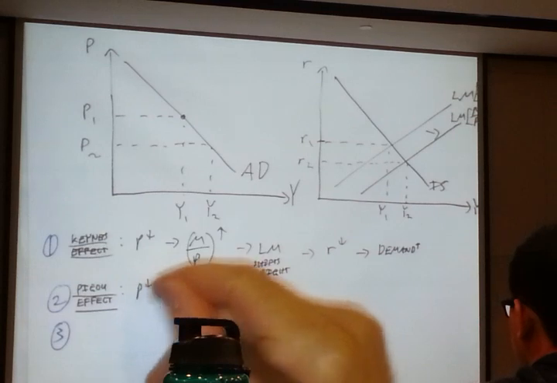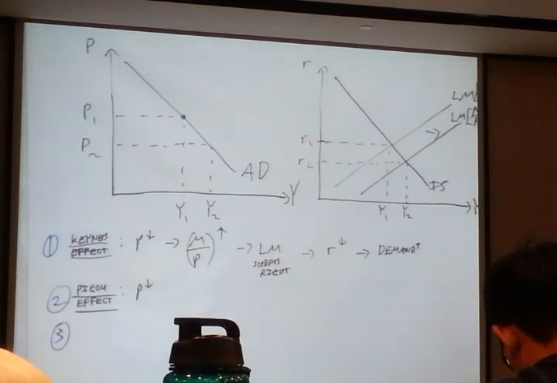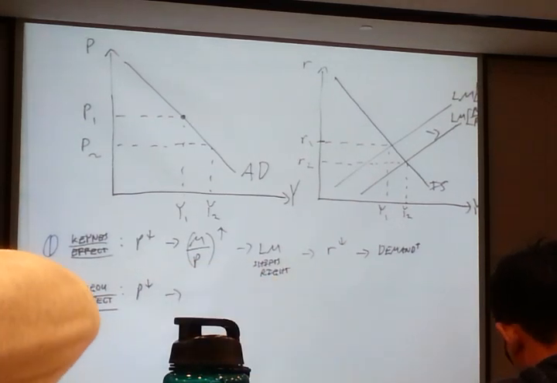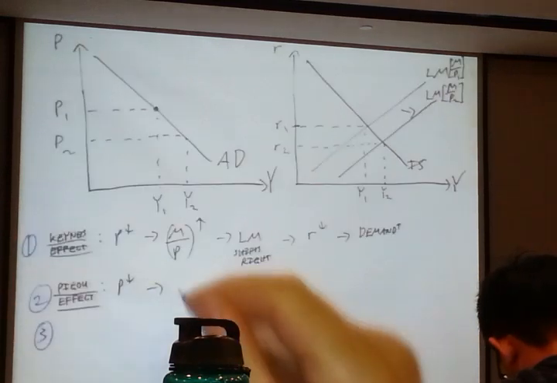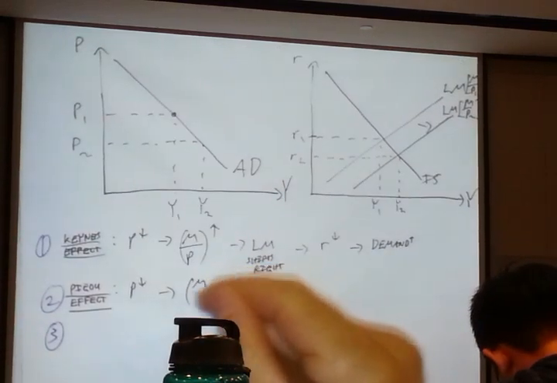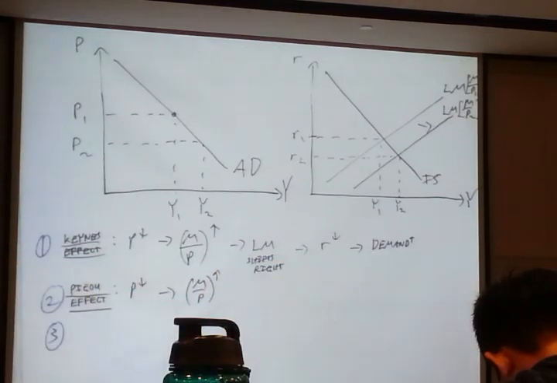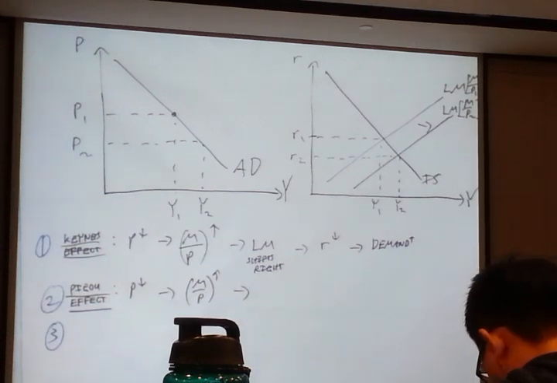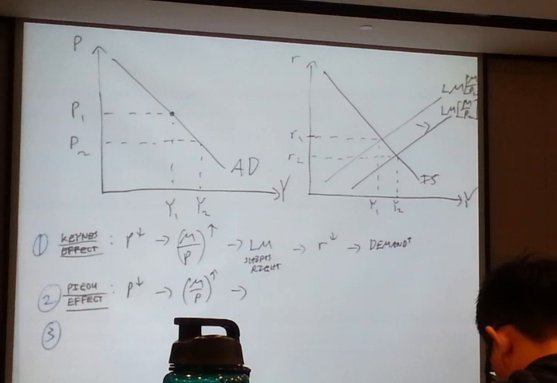It starts out in a very similar way. Prices go down, therefore M over P goes up. But unlike the Keynes effect, the fact that the real money supply increases has a different effect. What is the effect?